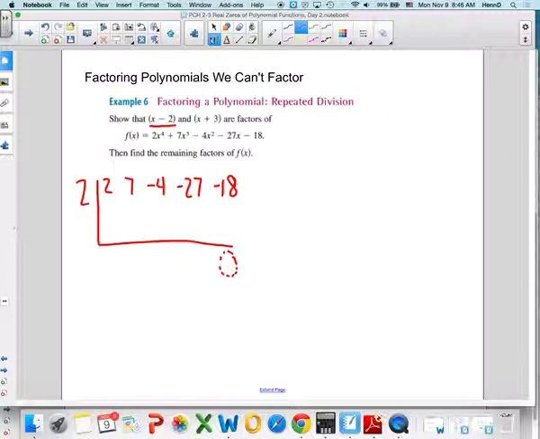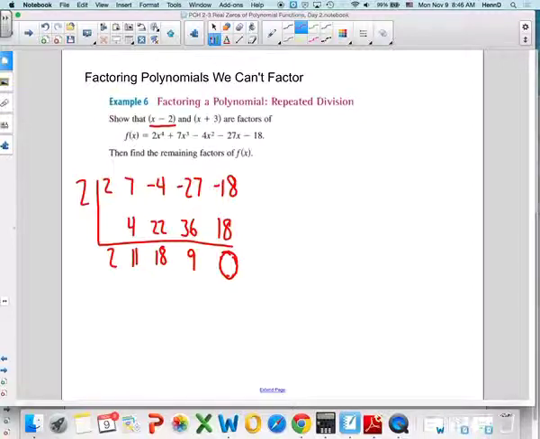So we run through the process again. Add down, multiply by 2. Add down and get 11, multiply by 2. Add down to get 18, multiply by 2. Add down to get 9, multiply by 2, and negative 18 plus 18 is 0.